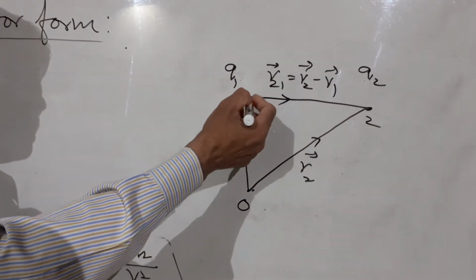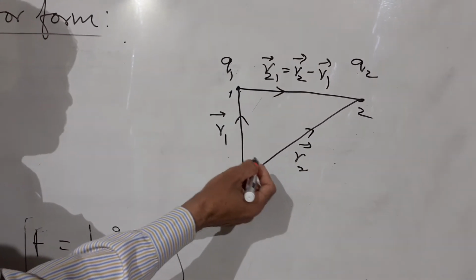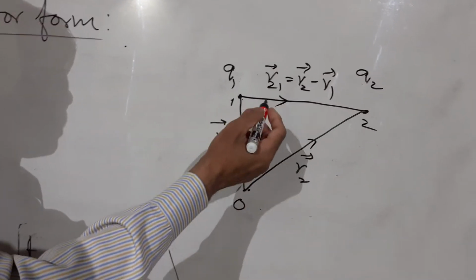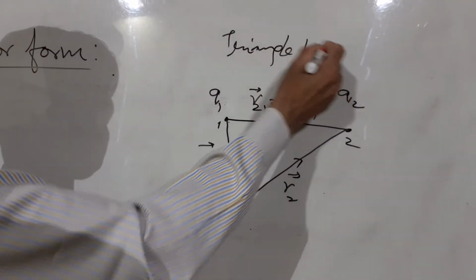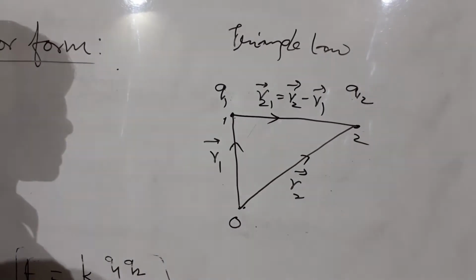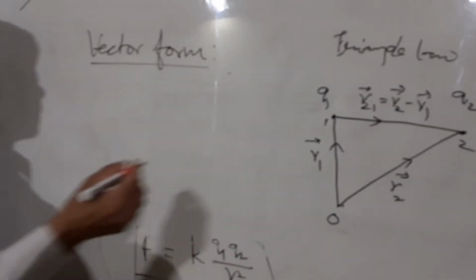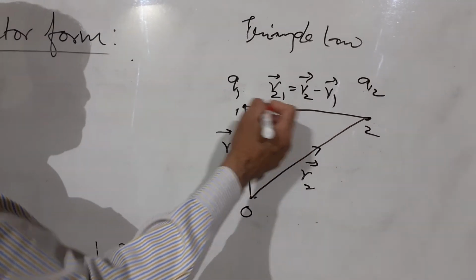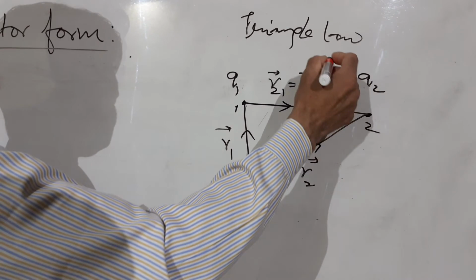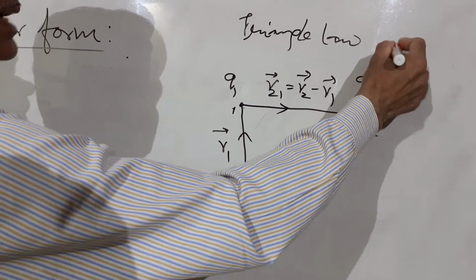How can we write this vector r21 as vector r2 minus vector r1 in terms of position vectors? Following the triangle law of addition of vectors we have studied in class 11. Now, if vector r21 is this vector, then the unit vector in this direction will be r21 cap.